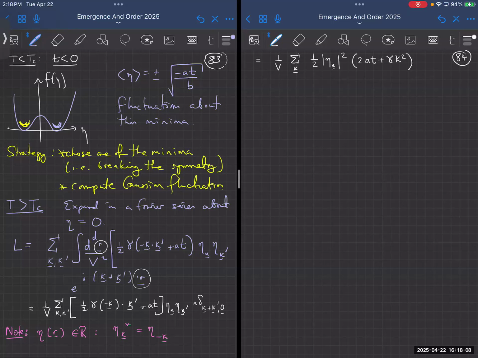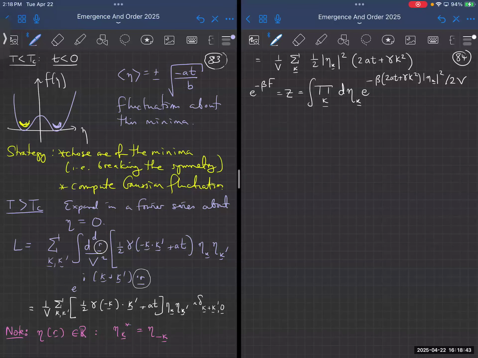So then if I want to compute the functional integral for the partition function, I can write this functional integral as an integral over the Fourier components d eta of k, and then e to the minus beta times 2at plus gamma k squared, and then absolute value of eta k squared, and then that's over 2V.